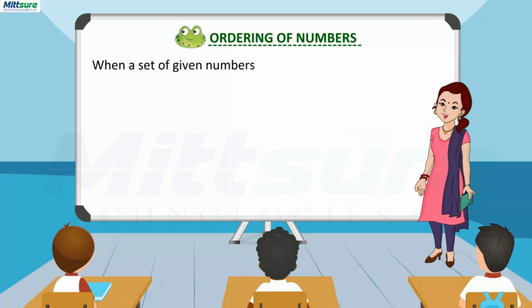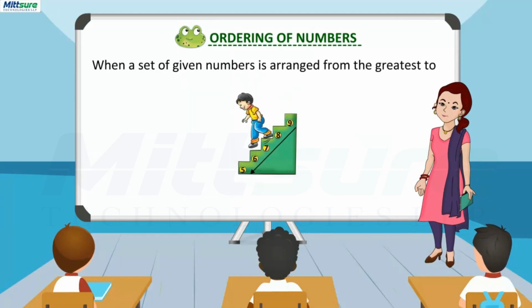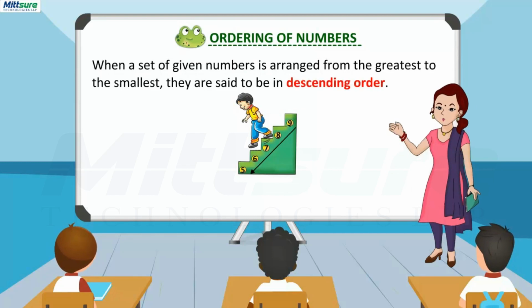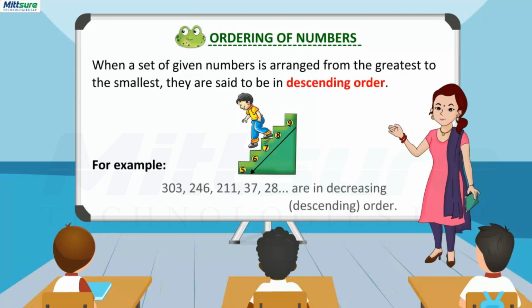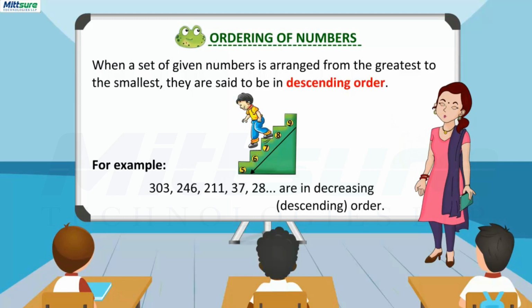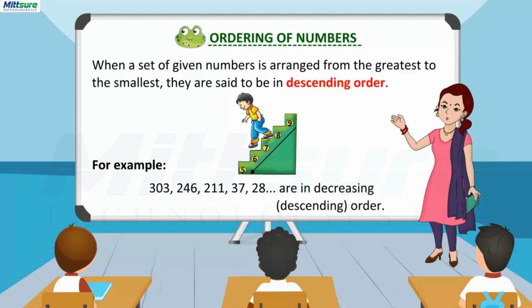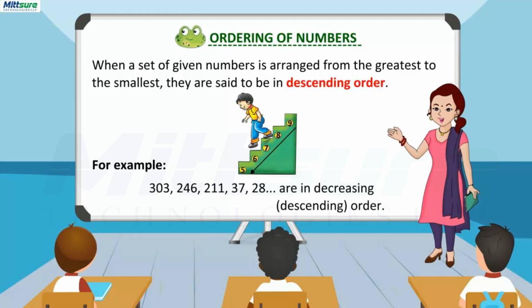When a set of given numbers is arranged from the greatest to the smallest, they are said to be in descending order. For example, 303, 246, 211, 37, 28 are in decreasing, descending order.